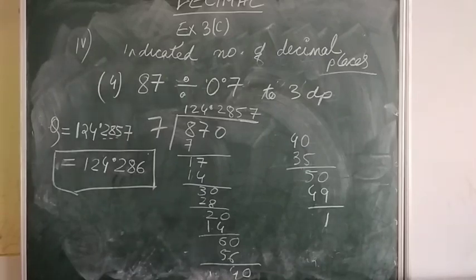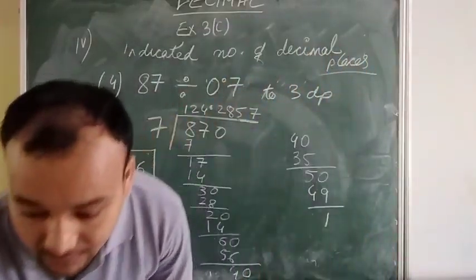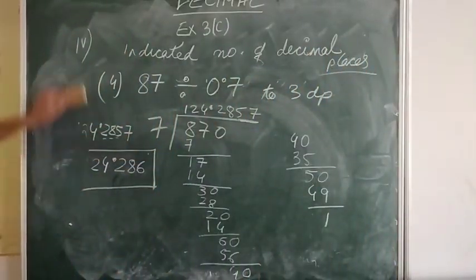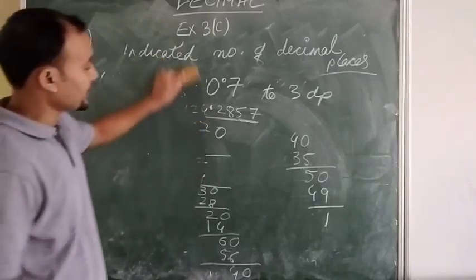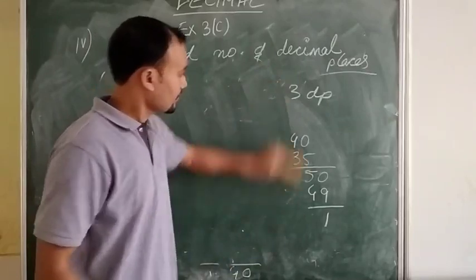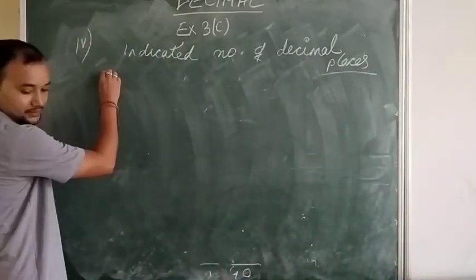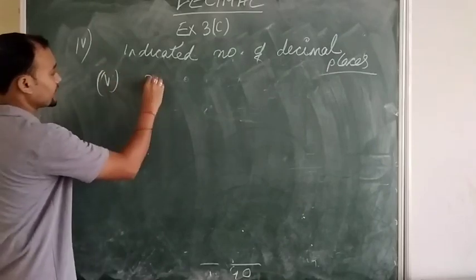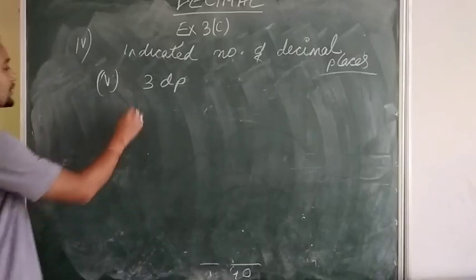Now come to question number 5. They are asking us to divide 1 by 6 to 3 decimal places. Before writing the answer, you divide 1 by 6 first.